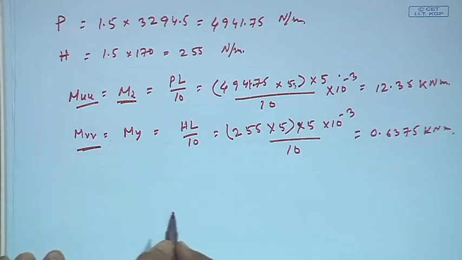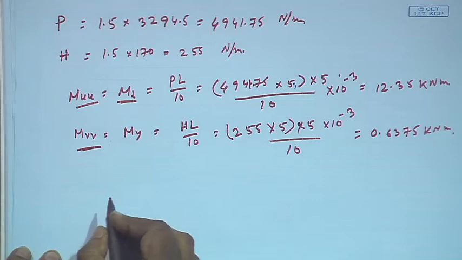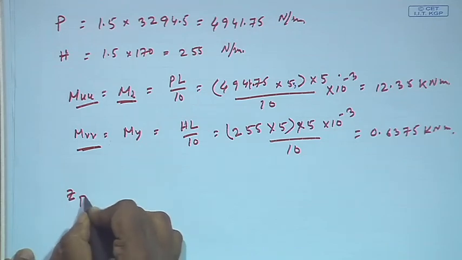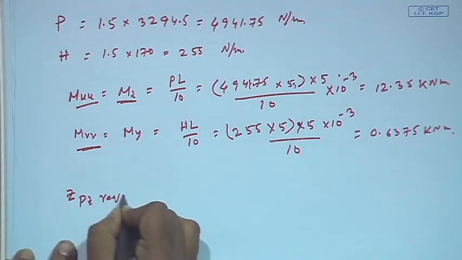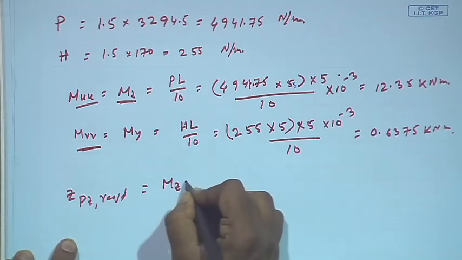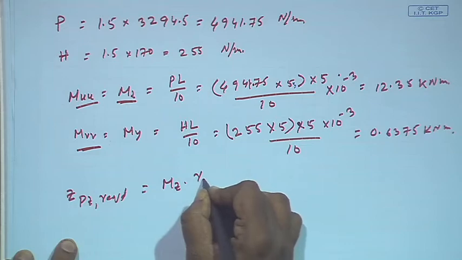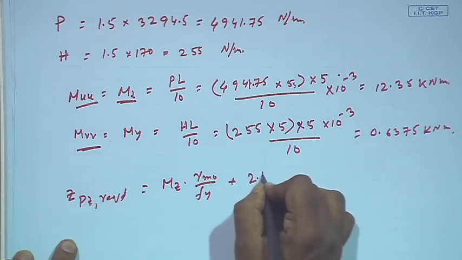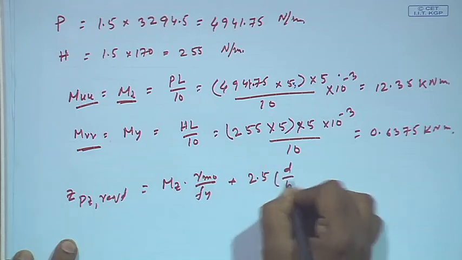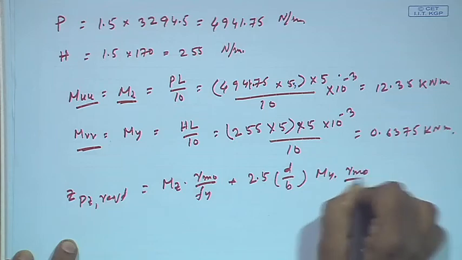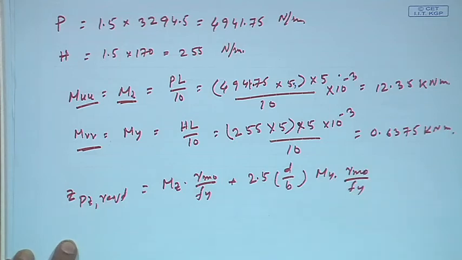Now, we have to find out an approximate section, that we can find out from the Gaylor's equation, that is Zpz required, that we know is Mz into gamma m0 by fy plus 2.5 d by b into My into gamma m0 by fy.